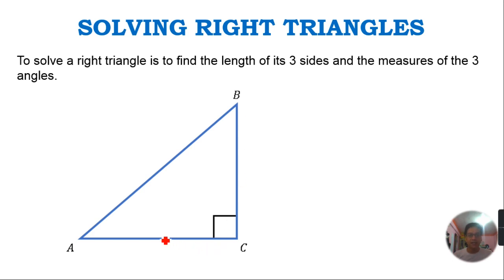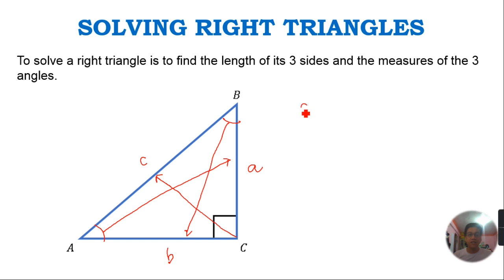So in this case, if we have angle A here, the opposite of angle A will be our side A. Opposite of our angle B is our side B, and opposite of our right angle, or angle C, is our side C, or the hypotenuse. Now, we say we solve right triangles because we look for the measurements of all of the sides.